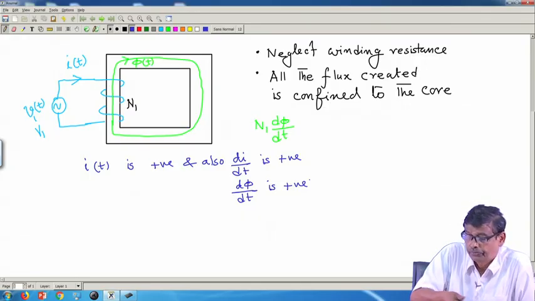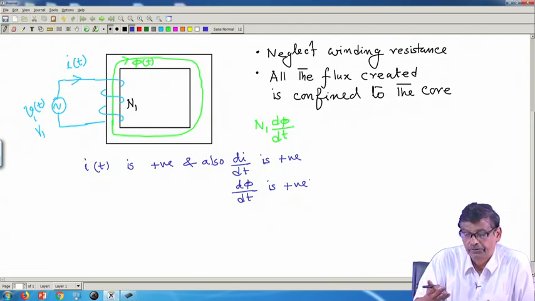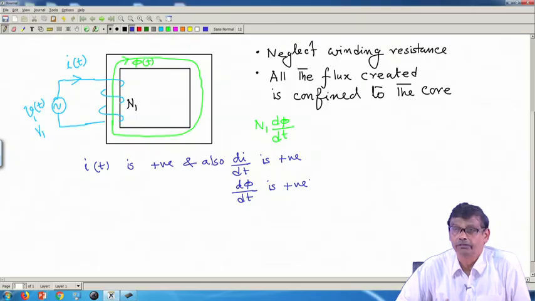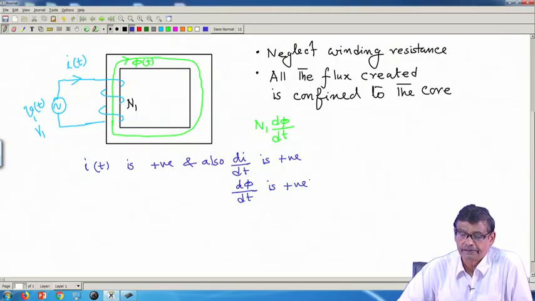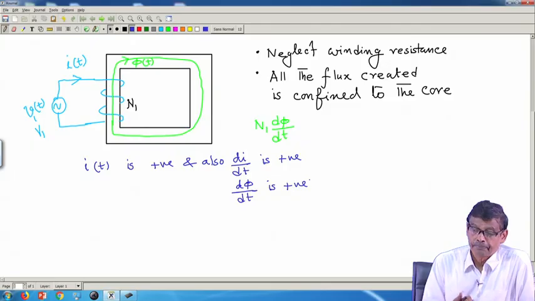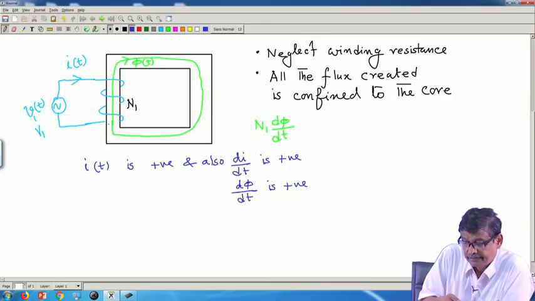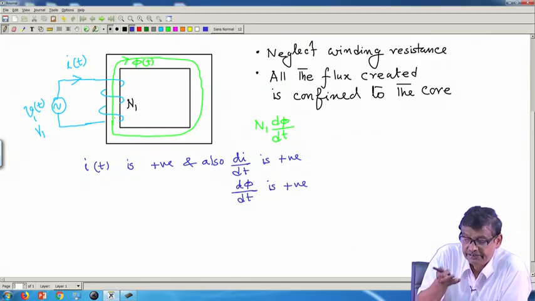But these are the two things I have attributed to i(t). i(t) is positive, that is what I have assumed, and not only that, dI dt is also positive at that instant. Therefore, d phi dt is also positive.